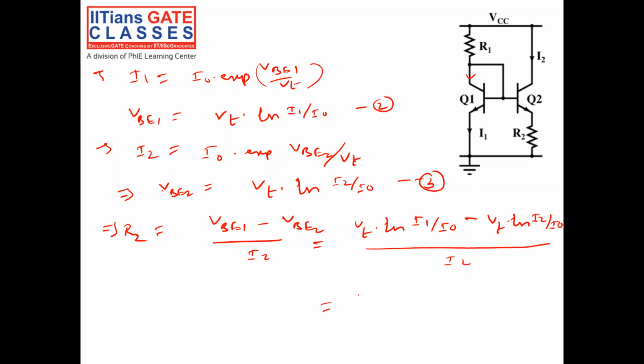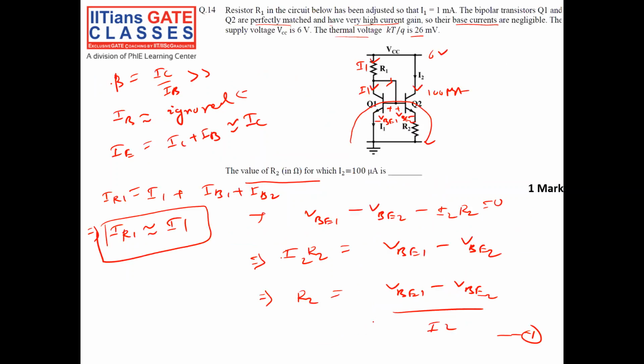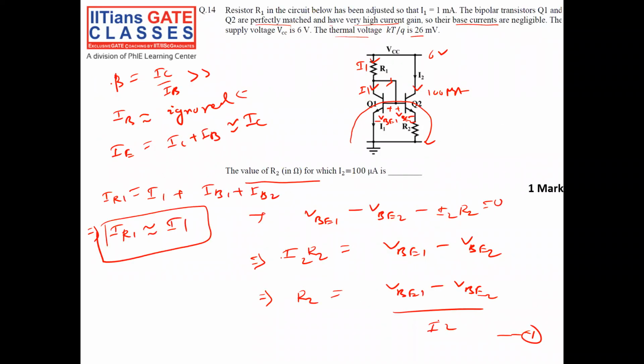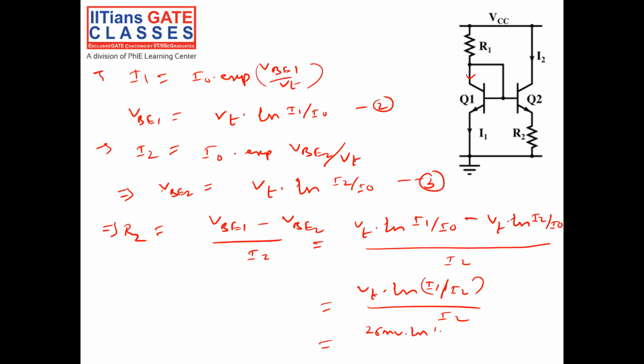That equals VT times, since ln A minus ln B is equal to ln A by B, I0 will get cancelled, I will get ln I1 by I2 divided by I2. Okay, so let us put the values. VT is given as 26 millivolt. I1 is given as 1 milliampere, I2 is given as 100 microampere, right? So 1 milli by 100 micro, divided by 100 micro.